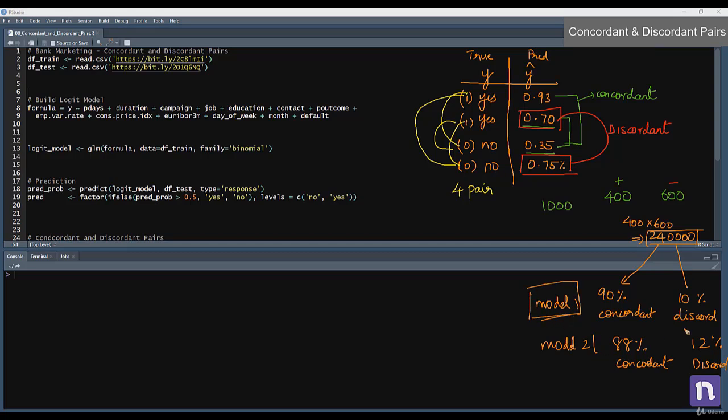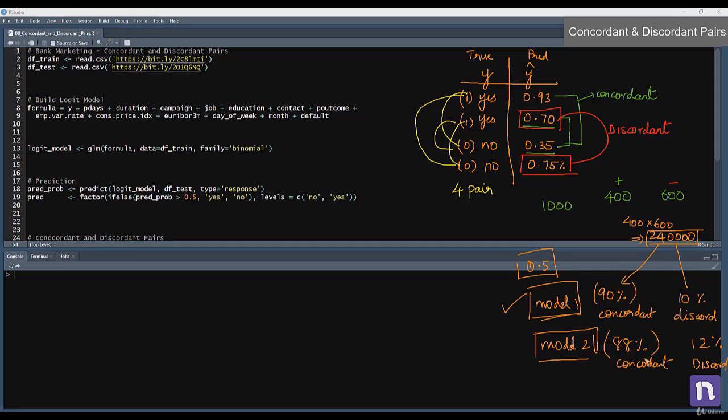If this is the distribution of concordance and discordance, then you will always go with model 1 because this has a larger number of concordant pairs. This does not depend on the probability cutoff score that you may take. In most scenarios, the probability cutoff score may be something like 0.5, but irrespective of whatever cutoff score you are taking, these numbers don't change.